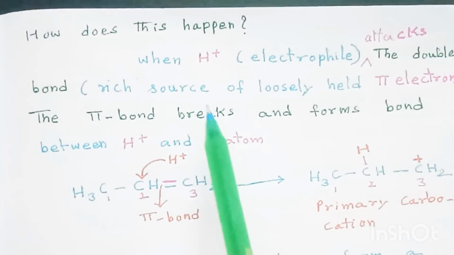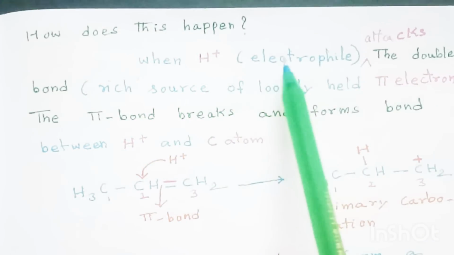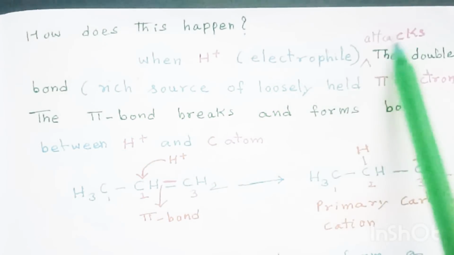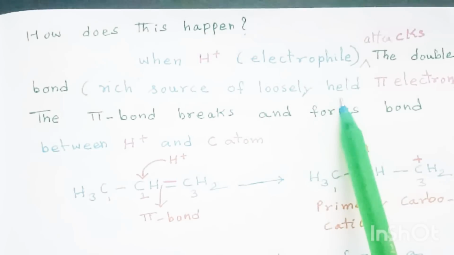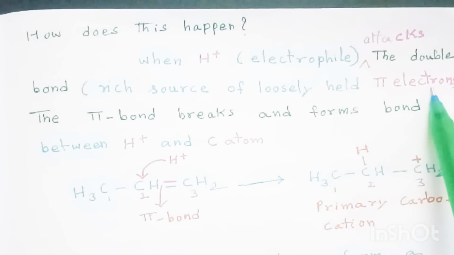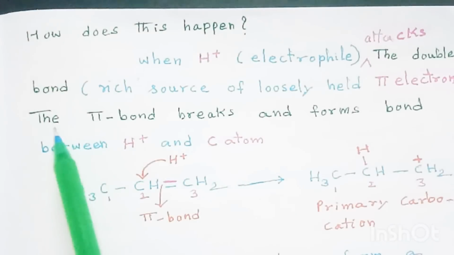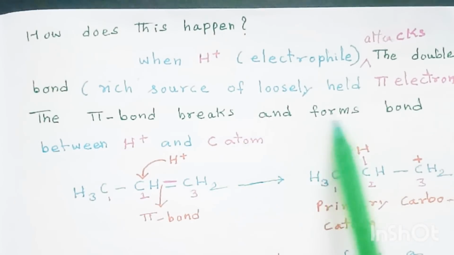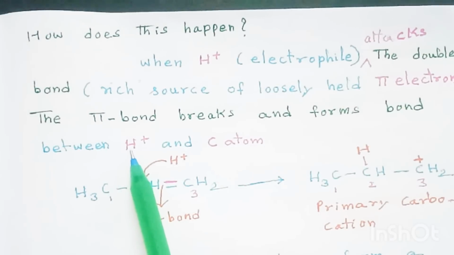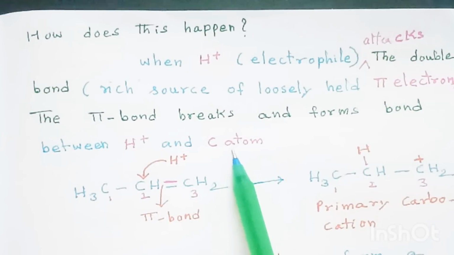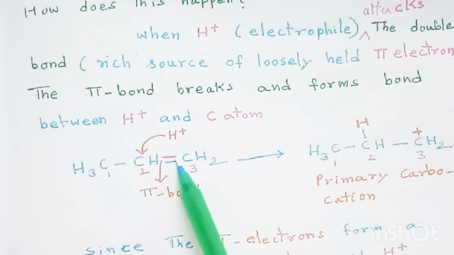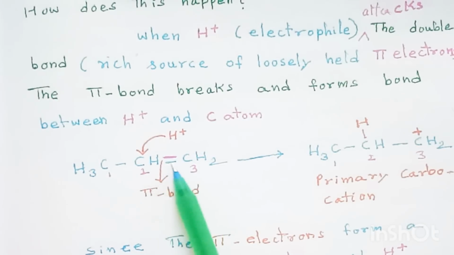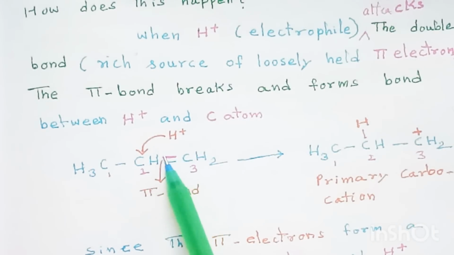As I have already explained, when H plus, that is electrophile, attacks the double bond, which is a rich source of loosely held pi electrons, the pi bond breaks and forms a bond between H plus and carbon atom. This is how it happens. This is the pi bond, this is sigma bond. This pi bond has loosely held electrons.